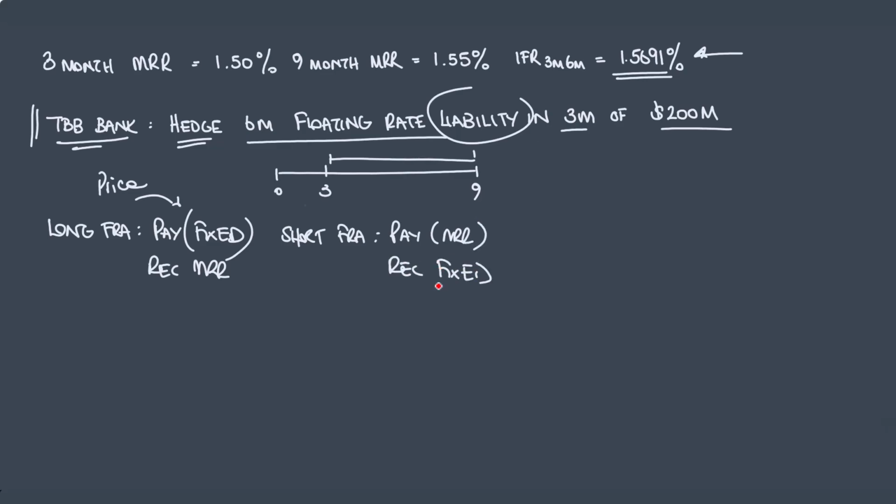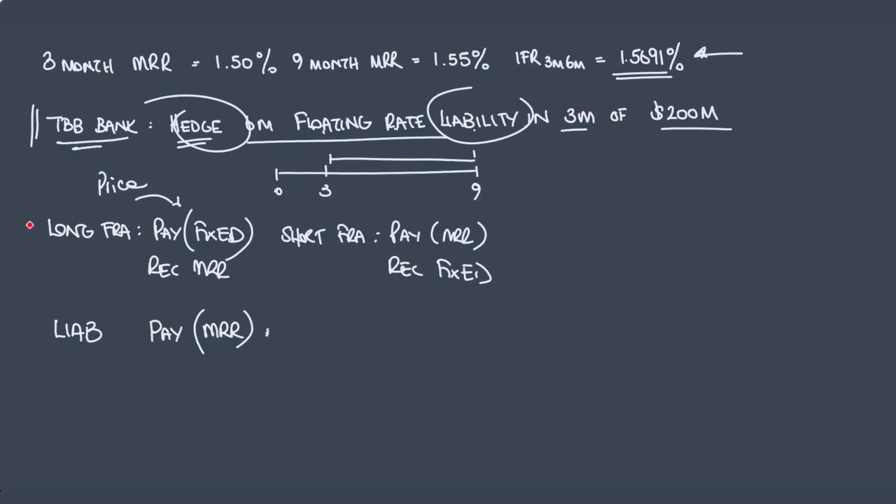Which of those two is this bank going to do if it wants to hedge? Well, just look at what's happening with the liability. It has a floating rate liability, which means it is going to be paying MRR. If it wants to hedge, it wants to change that floating rate payment to a fixed payment.